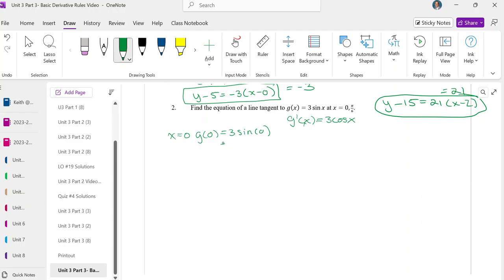Well, the sine of 0 is 0, so basically it's 0, 0. And g prime of 0, well, 3 times the cosine of 0. The cosine of 0, remember, is 1, so it's 3. So it's going to be y minus 0 equals 3 times x minus 0.